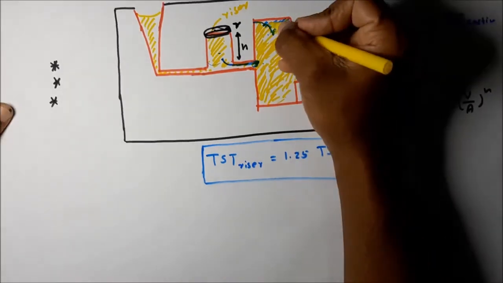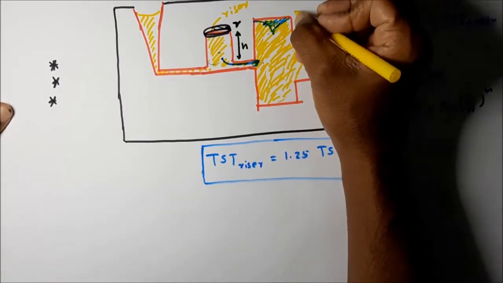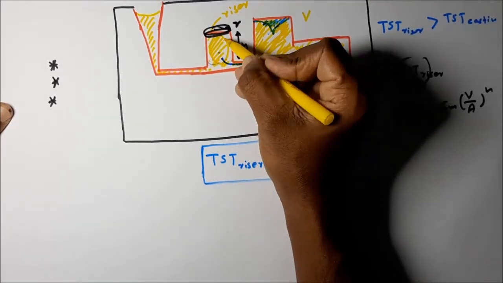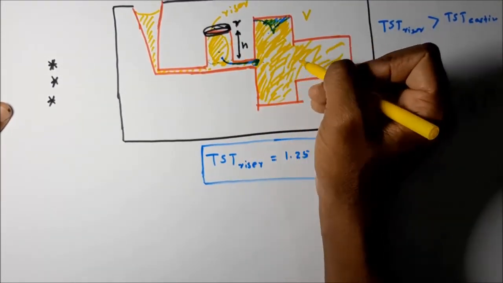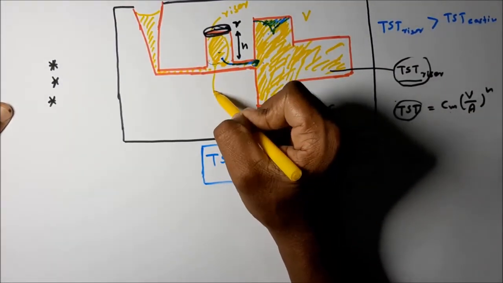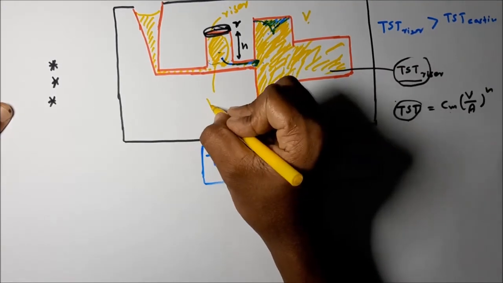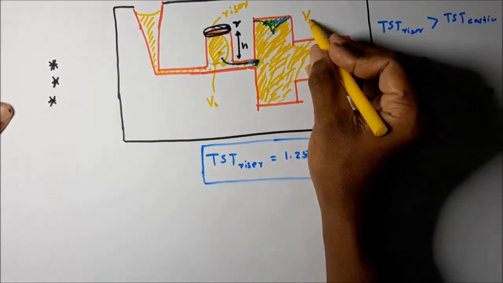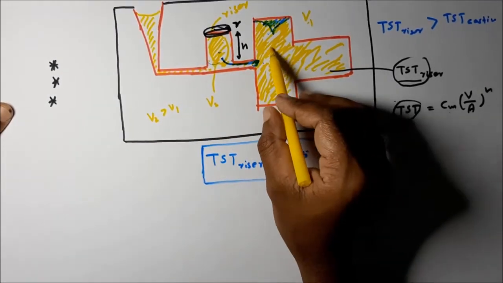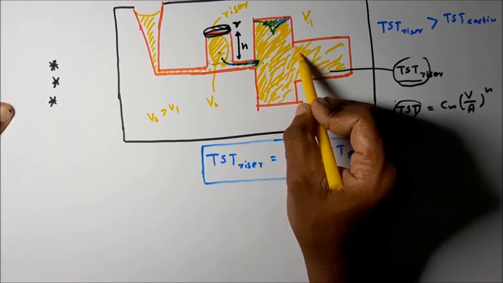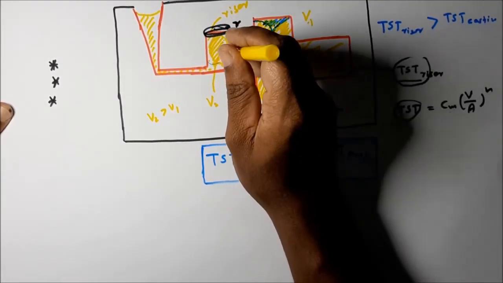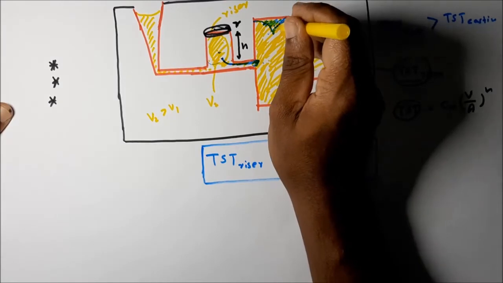If the lack of volume due to shrinkage is V1, the riser should be able to keep, at this solidification time, a volume V2 greater than this volume. Let's take V2 should be greater than V1 when this part is completely solidified. That means the riser should be able to feed enough molten metal to compensate this lack of volume.